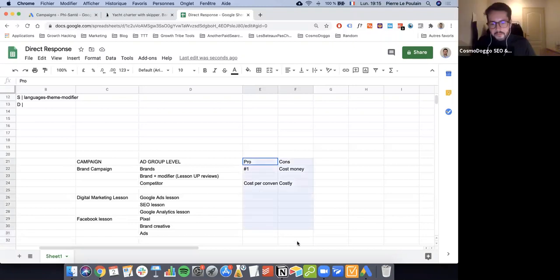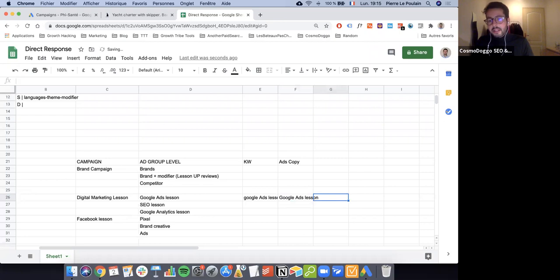Because at the ad group level, you then get the keyword level and the ad copy level. For example, if you are bidding on Google Ads lessons, you can bid on Google Ads lessons as a keyword and put these exact keywords in the ad copy. Meaning that people typing directly Google Ads lessons will see ad copy talking about Google Ads.